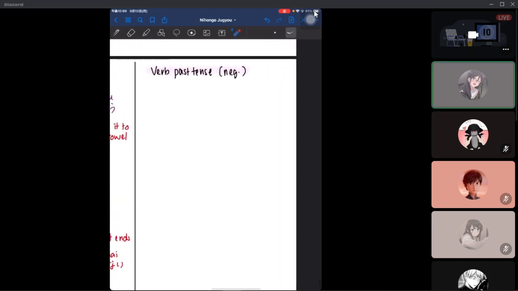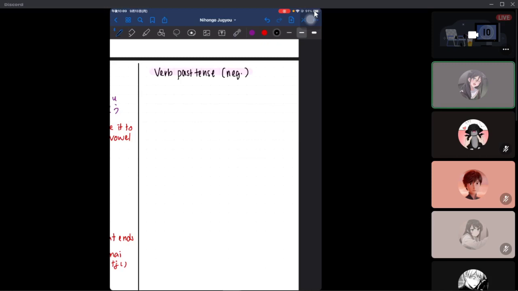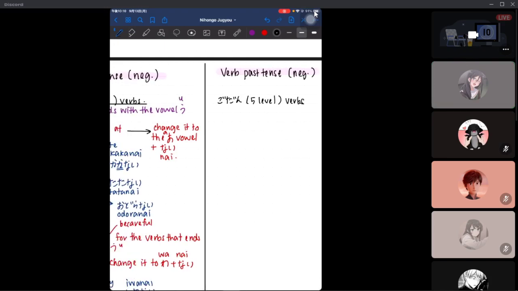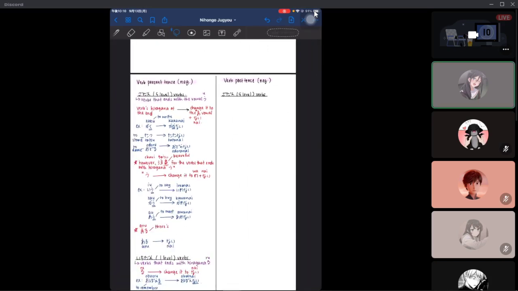Let me give you an example. I might as well put the grouping. The first one is group 1, the godan verbs. Godan verbs are verbs that end with the vowel u.